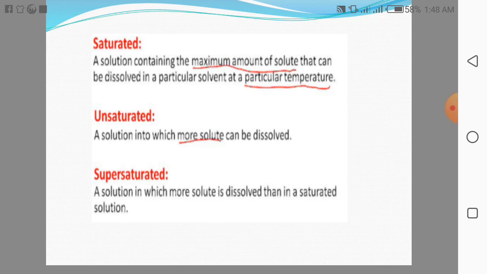Unsaturated means a solution into which more solute can be dissolved. For example, salt dissolves in water, and more salt can be dissolved into the water. While supersaturated is a solution in which more solute is dissolved than in a saturated solution.